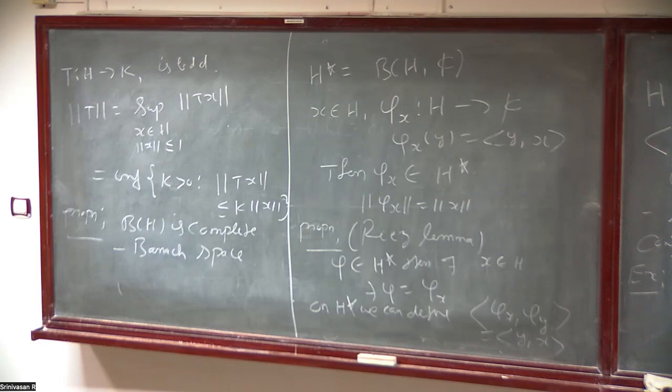So the bounded linear functionals on X can be identified with X up to a conjugate linear isomorphism. It's not linear.